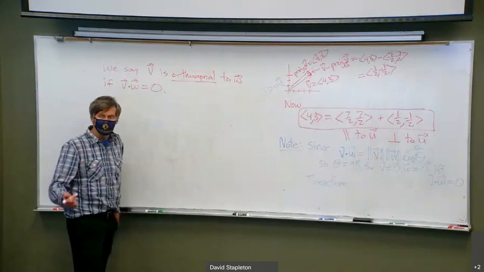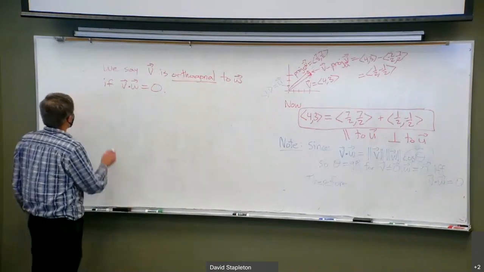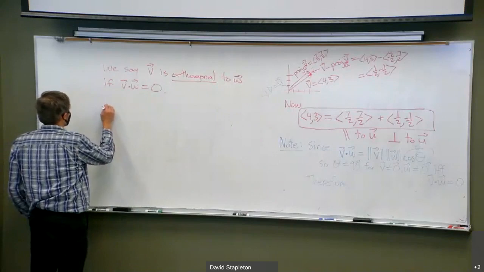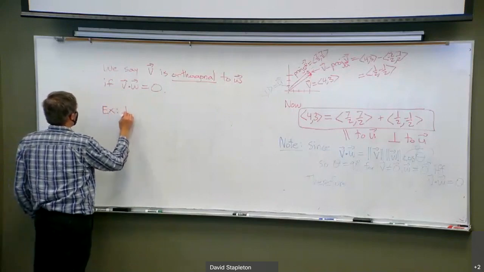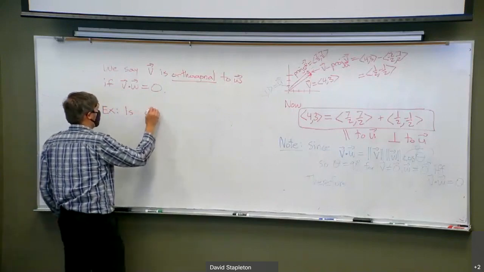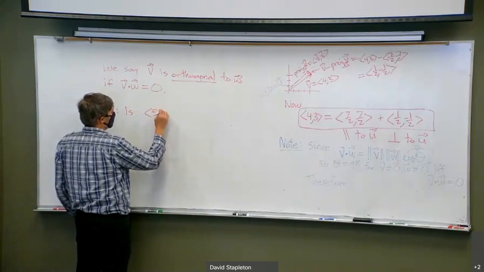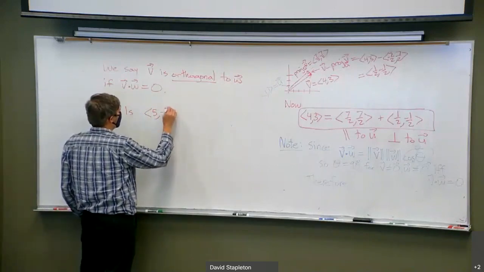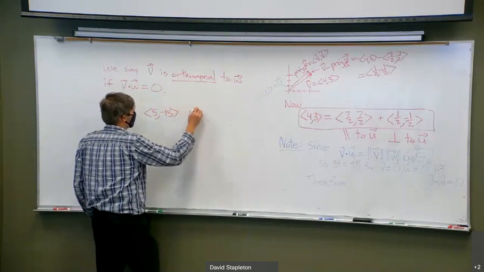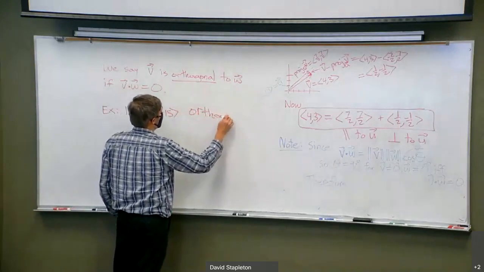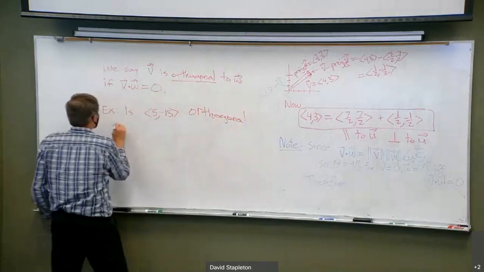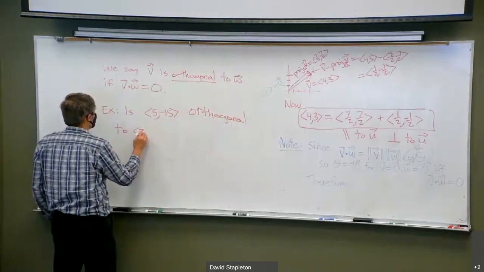Now you have an easy way to test whether vectors are perpendicular or not. This example: is the vector (5, -15) perpendicular, say orthogonal, to the vector (3, 1)?